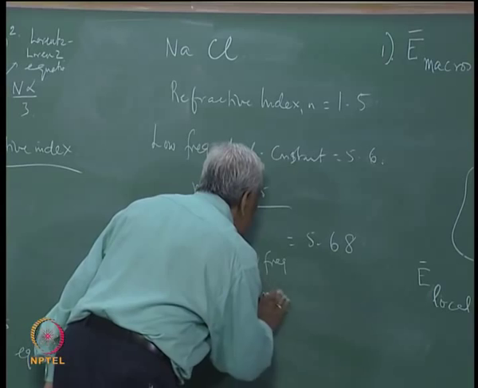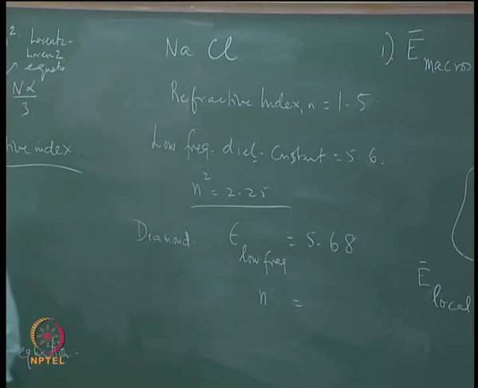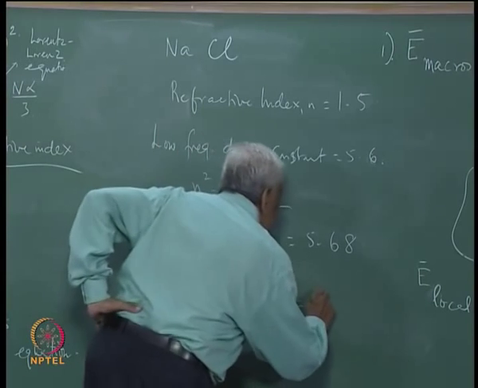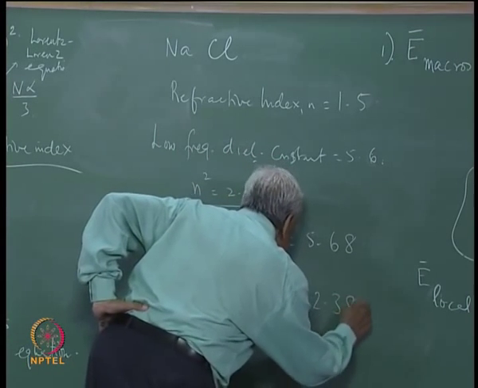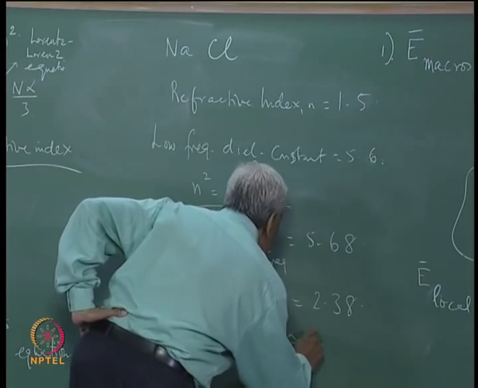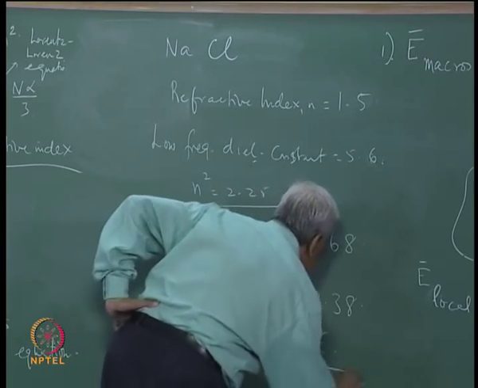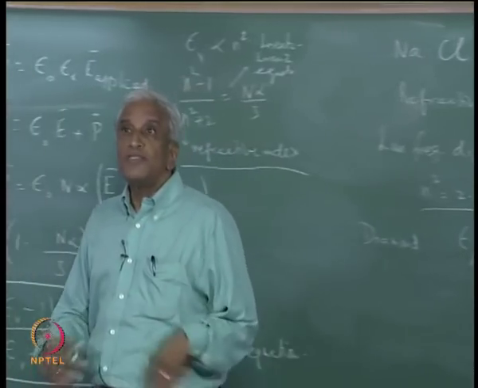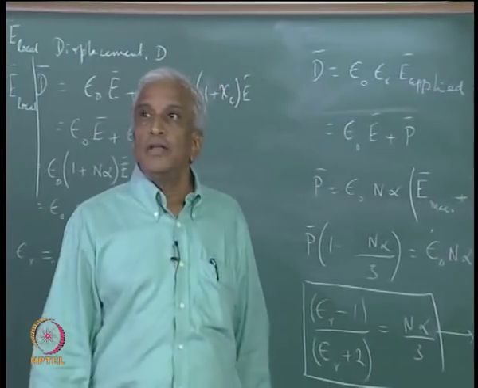The refractive index at optical frequencies is 2.38. So, n square is almost close to epsilon. There is not so much difference, n square is 5.66.